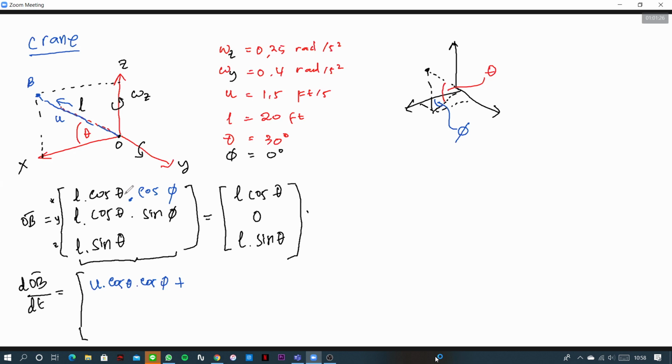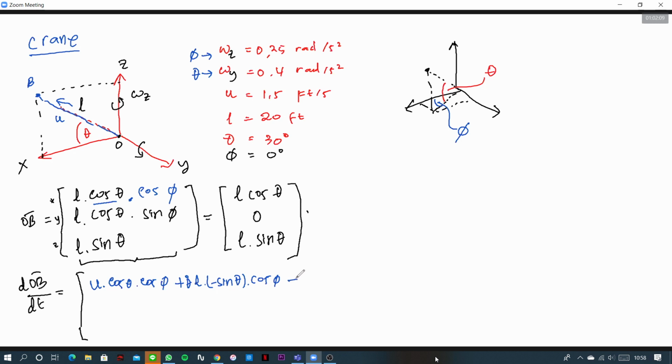All right, and then plus, how about theta? Does it change with respect to time? Yes, it changes, becomes omega y. This is theta becomes omega y. This is phi becomes omega z. Okay, then it means I still have L, now cos theta. If you derive this with respect to time, it becomes theta dot, and then cos theta becomes minus sine theta, if I'm not mistaken, minus sine theta cos phi.